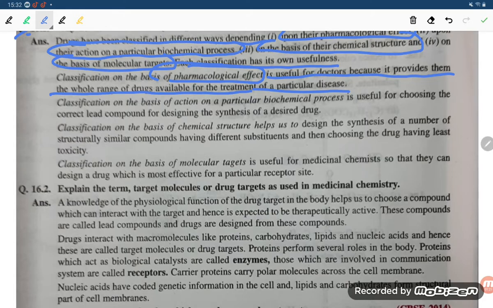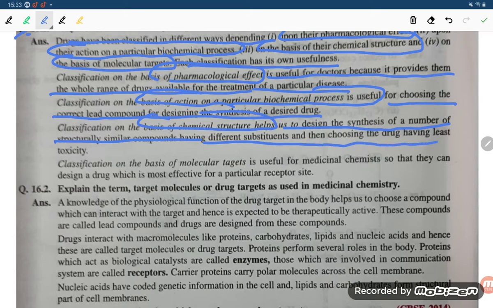The next one, on the basis of action on a particular biochemical process, is useful for choosing the correct lead compound for designing the synthesis of the desired drugs. The next one, on the basis of chemical structure, helps in the synthesis of a number of structurally simple compounds having different constraints, and then choosing the drugs having the least toxicity. What is the meaning of this, student?